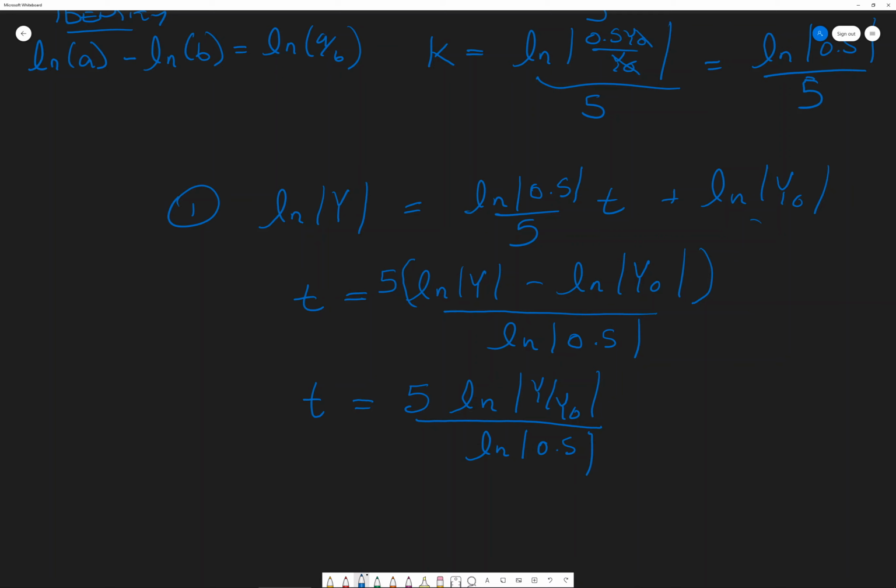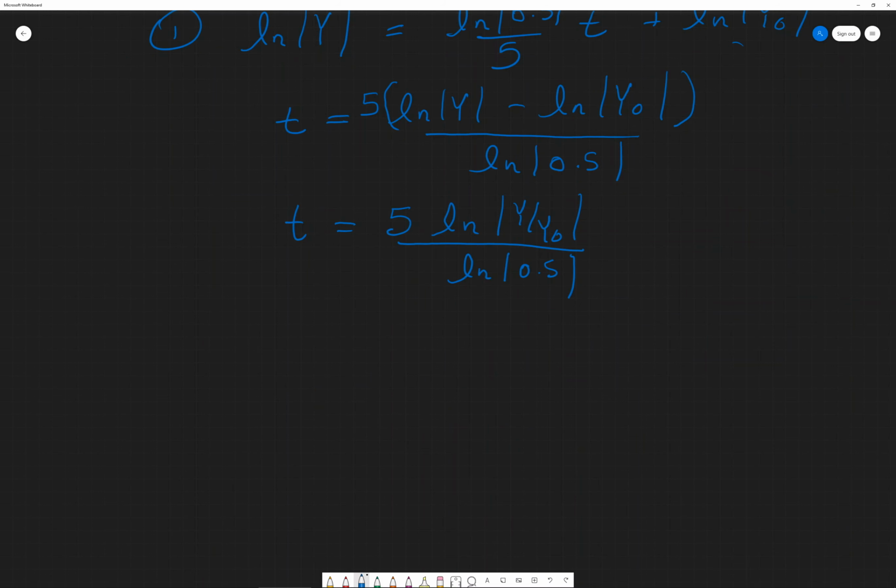Okay, so now it says, when will it be practically dry? So what that means is that 95% of the moisture is gone, so we have 5% of the moisture left over.